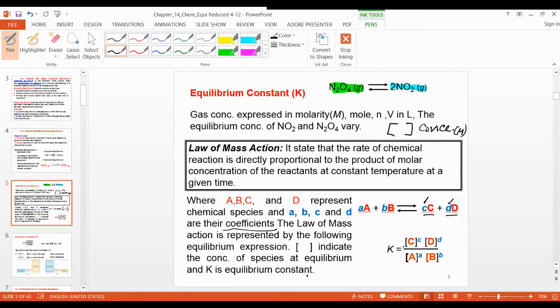You can write in your own words: the equilibrium constant is directly proportional to the molar concentration of the product raised to the power of its coefficient divided by the molar concentration of the reactant raised to the power of its coefficient.